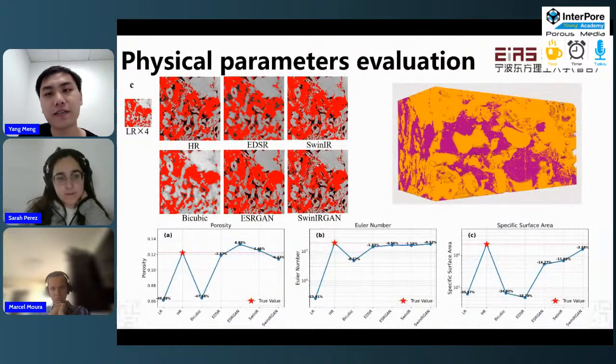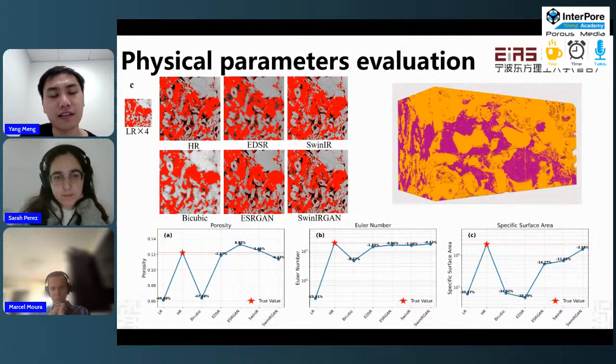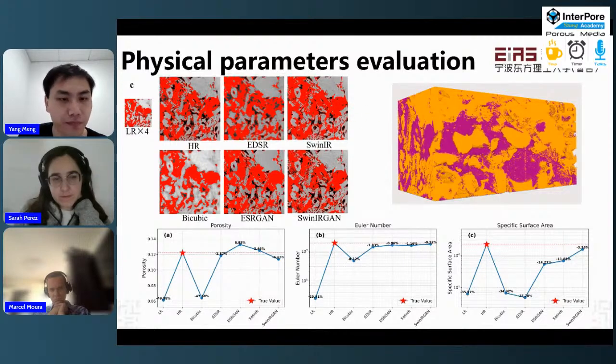After the computer vision validation, we also did some physical parameter evaluation. So we need to do image segmentation, and for every digital rock, we need to train a specific segmentation model, and we are also using a CNN-based model and train it for each digital rock.